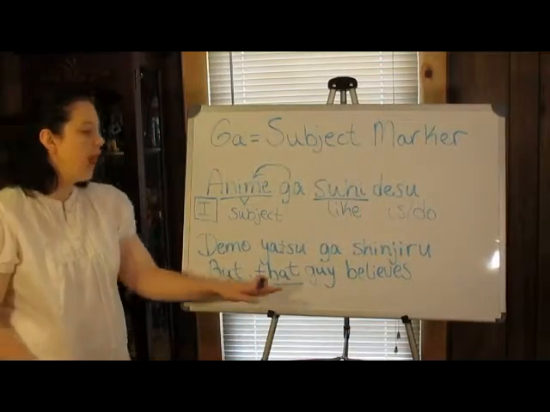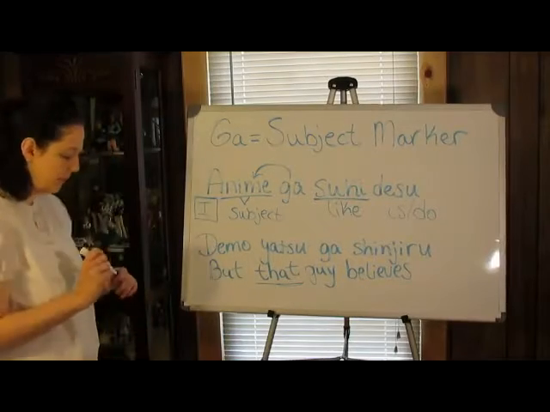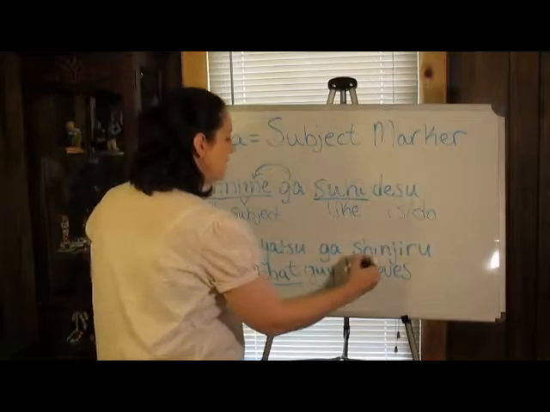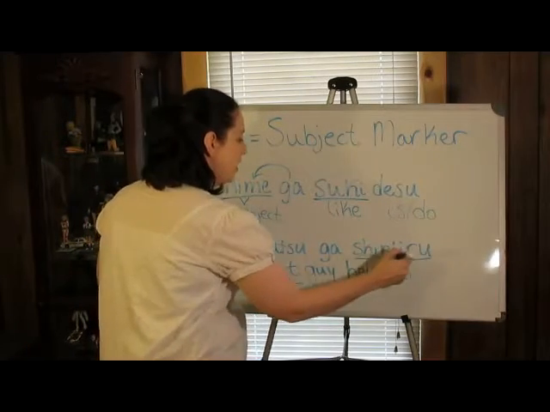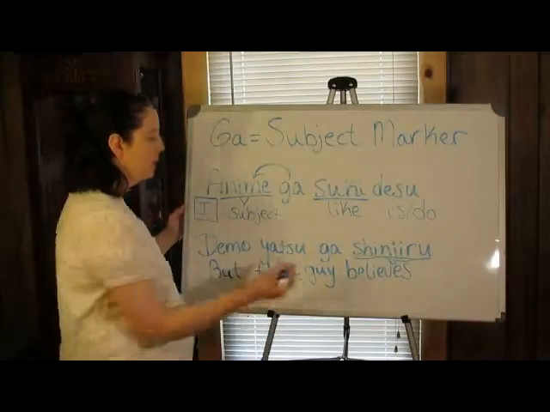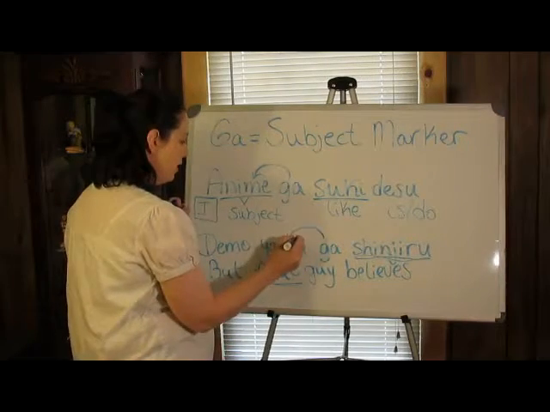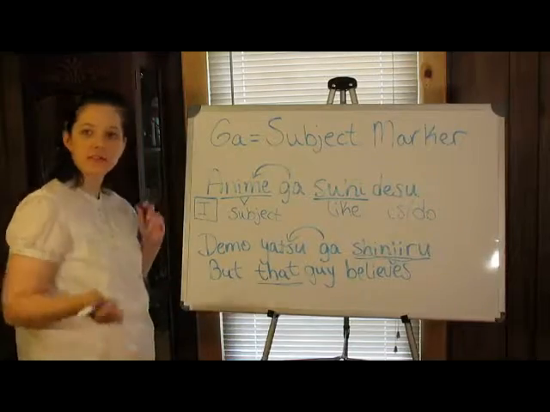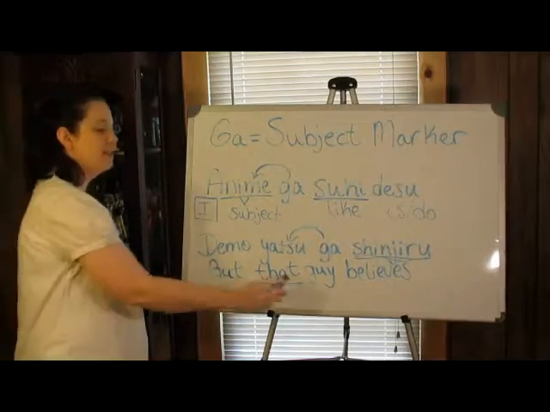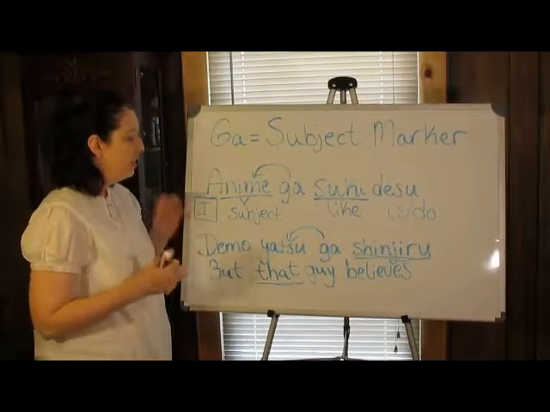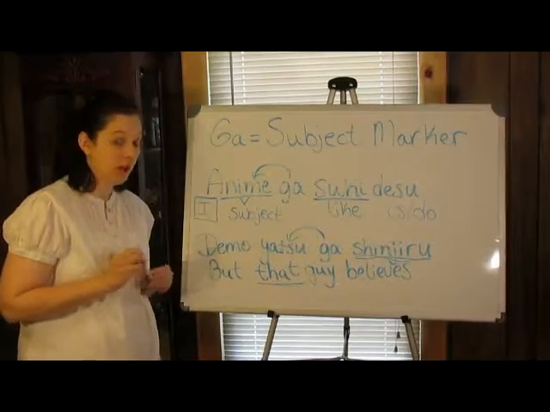Okay? But that guy believes. Again, believe is our verb, and it is a non-physical verb. What receives the action of this verb? That guy does. That guy is the one that believes. So this is how you use the particle ga.